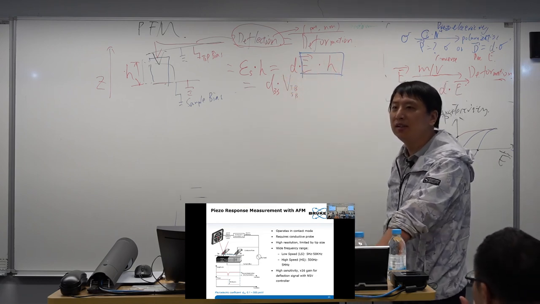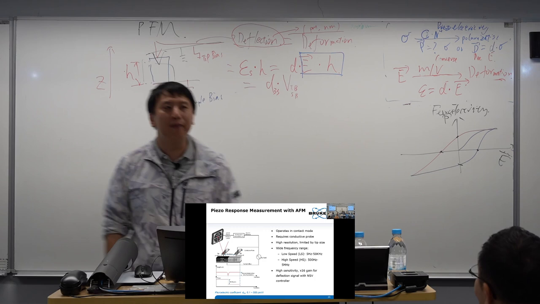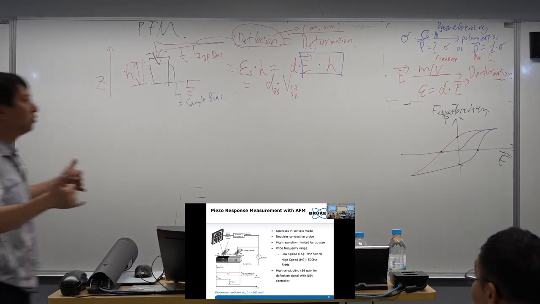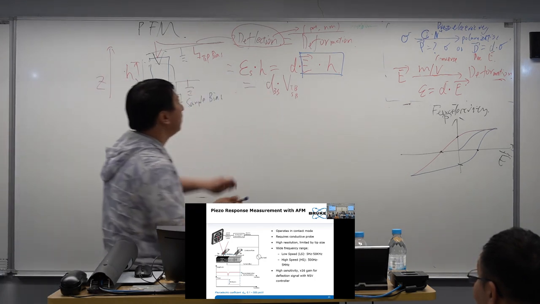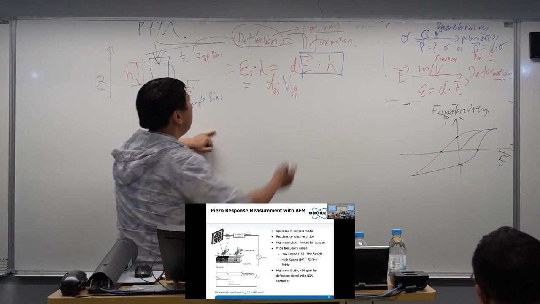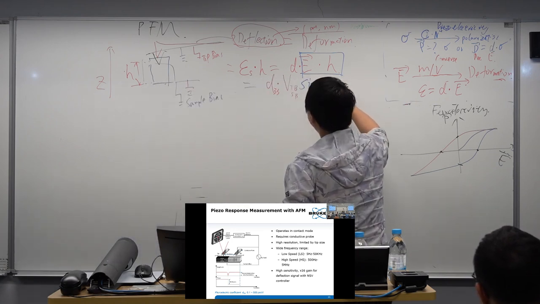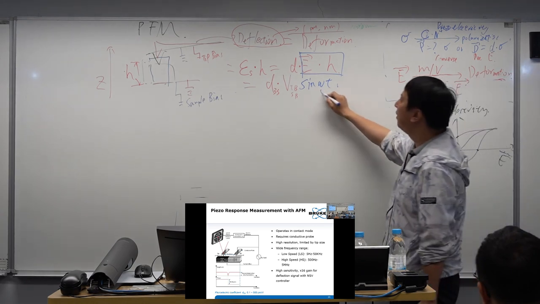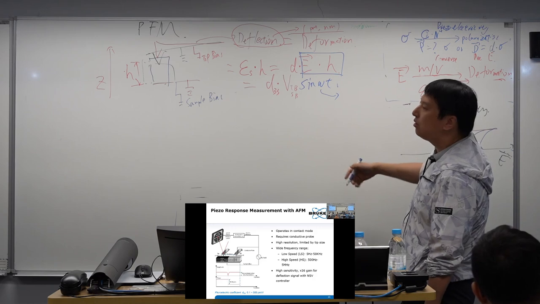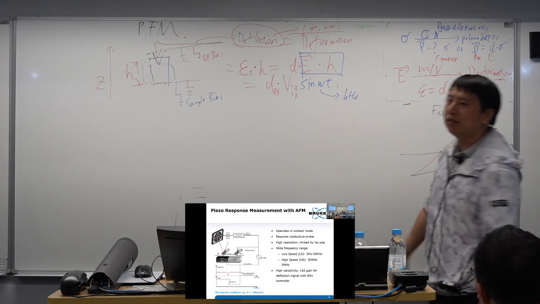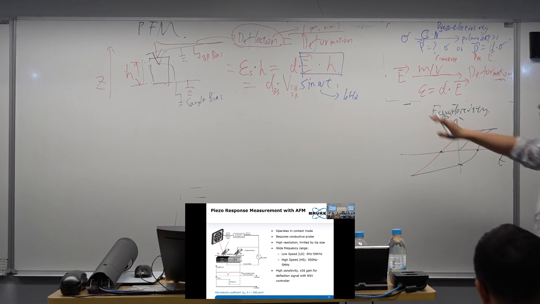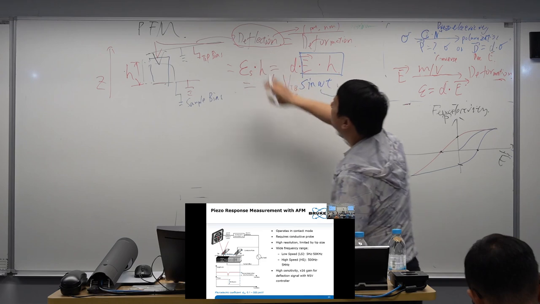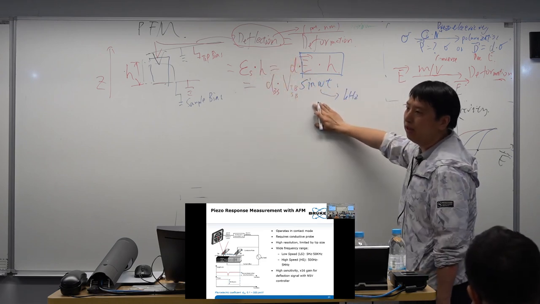How do we avoid it? We do modulation and demodulation again, the same thing we did yesterday. We used telephone theory to do it. So we give the voltage a modulation. This omega can be anything, it only needs to be kilohertz. That's enough. So we give it a modulation, and then our deflection will also be modulated.